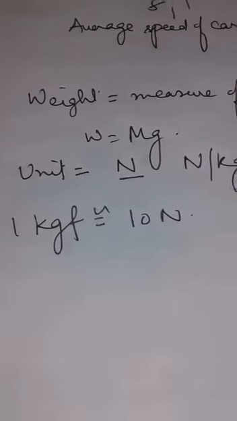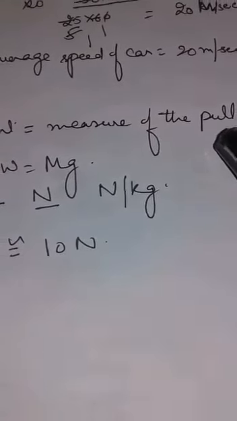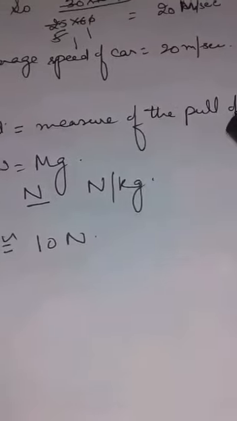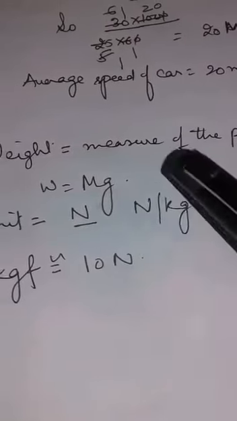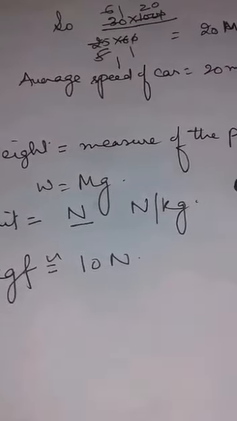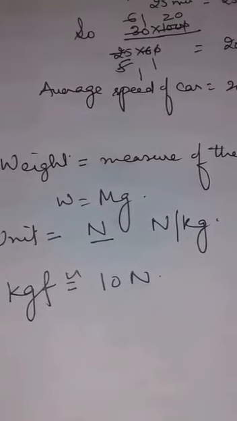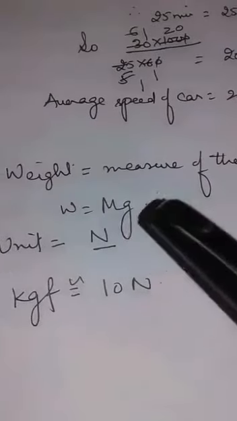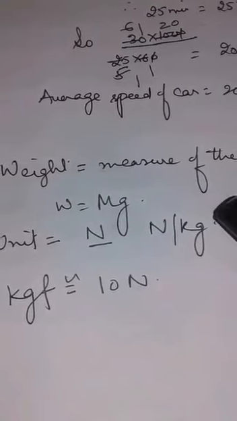Next concept is weight. Weight is defined as the measure of the pull of earth with which it attracts an object towards its center. For example, spring balance is used to measure the weight of the body. Nowadays, electronic balances are also used to measure the weight.